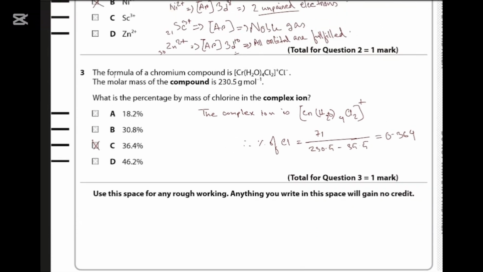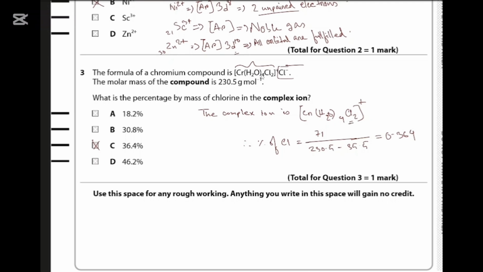Number 3 says the formula of a chromium compound is this. The molar mass of the compound is 230.5. What is the percentage by mass of chlorine in the complex ion? Here the complex ion is only this part, excluding the chloride ion.